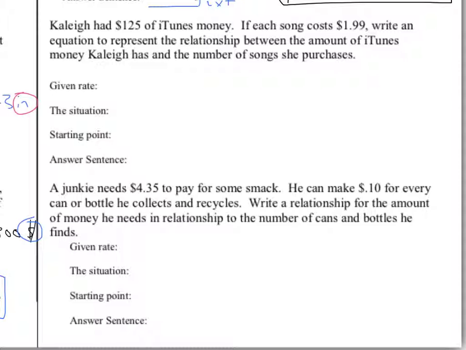So the amount of money that she has, how much money does she start with? So what's our starting point? That's the easiest one for me here. Karen, what's the starting point? Yeah, $125. And so that also tells me that my answer is supposed to be how many dollars she has left.